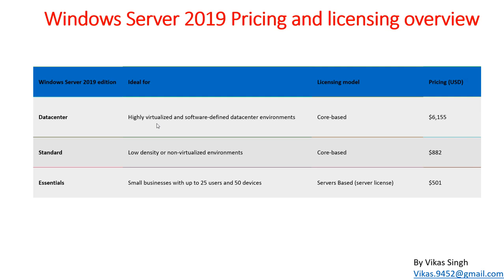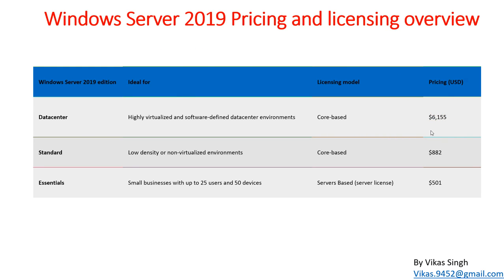Basically you can buy the Datacenter edition where you want to run multiple virtual machines on the physical machine. You can buy the Datacenter edition for your physical machine, and then you can run multiple virtual machines on that host. This license is core based, so it's going to be based on your physical CPU cores, and the price is around 6,000 USD for now.